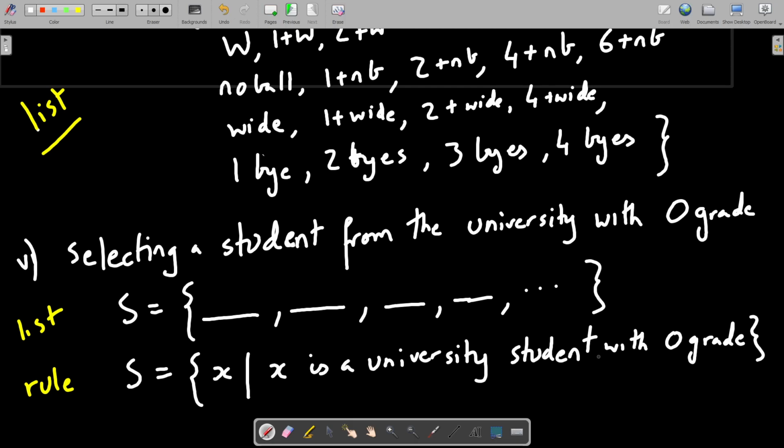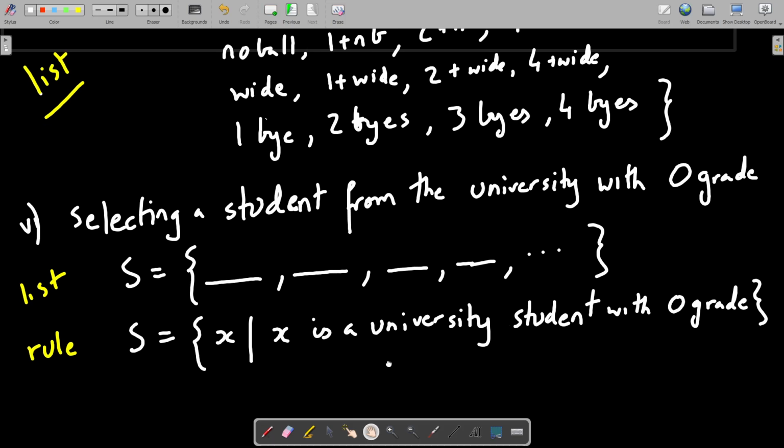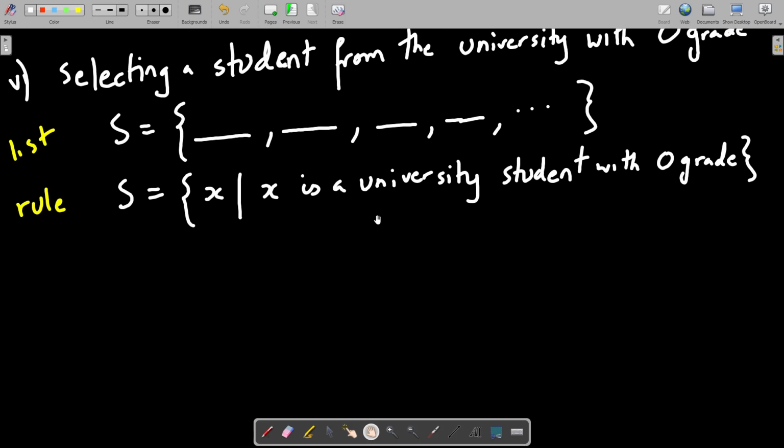So this is what we call the rule format of writing down the sample space. The other option is writing using a tree.